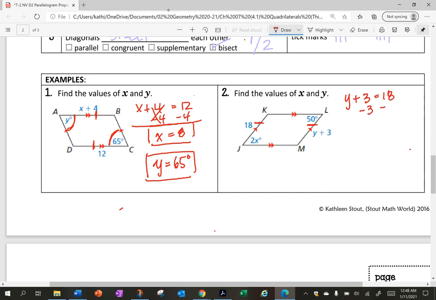I add the inverse, which is -3, and I get y equals 15. And my opposite angles are congruent, so 2x equals 50. I divide by the coefficient next to the variable, so I get x equals 25. How did you do?